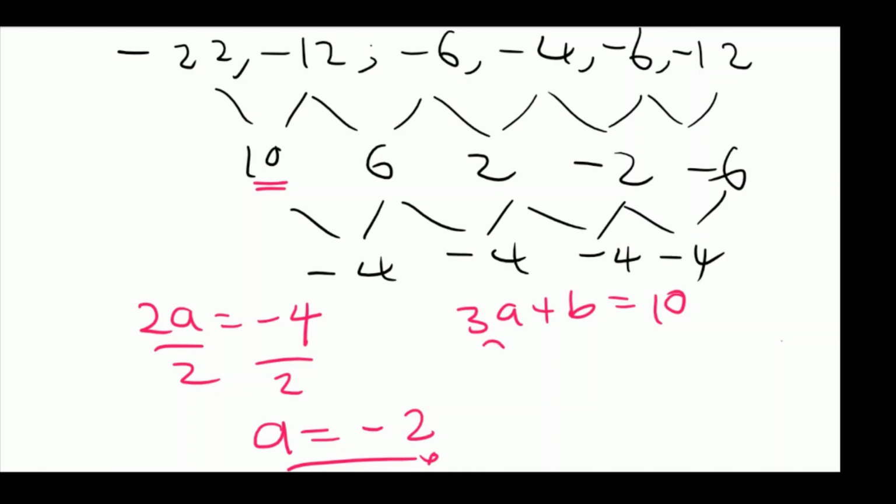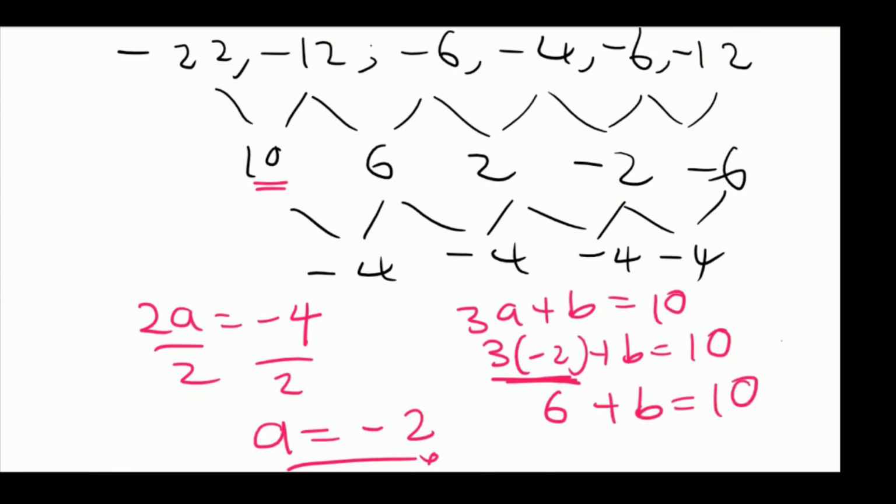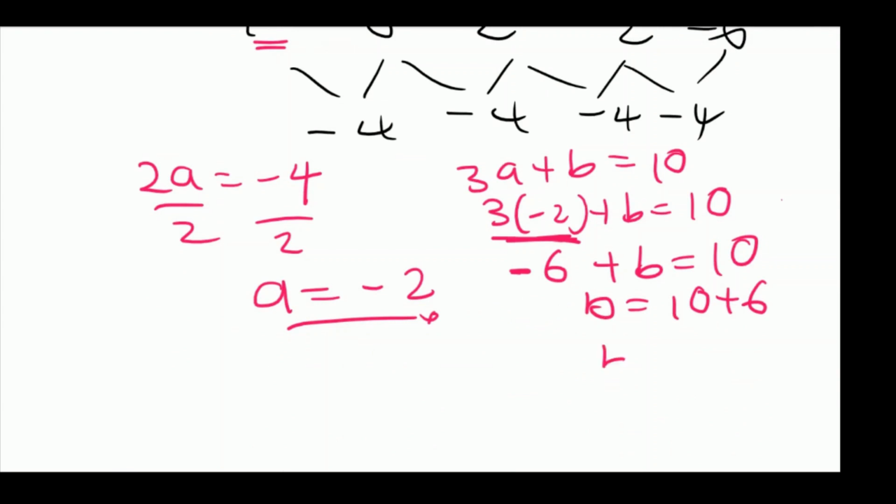Our a is equal to minus 2, so 3 times minus 2 plus b is equal to 10. Then we transpose this portion, which will give us 6 plus b is equal to 10. Transpose the 6 to the other side. We have b is equal to 10 plus 6. Then our b is equal to 16.